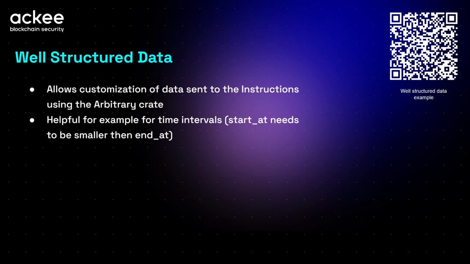So let's say you have some kind of instruction input data, and the instruction input data are basically two unsigned 64-bit numbers. In short, we can say the first parameter is start time and the second parameter is end time, which are unsigned 64-bit long integers. We can refer to them as Unix timestamps.